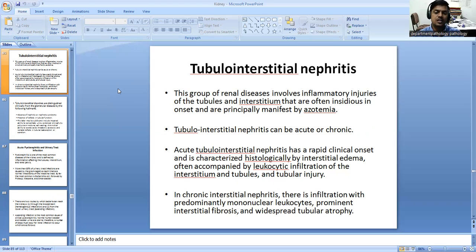In chronic interstitial nephritis, there is infiltration with predominantly mononuclear leukocytes, prominent interstitial fibrosis, and widespread tubular atrophy.